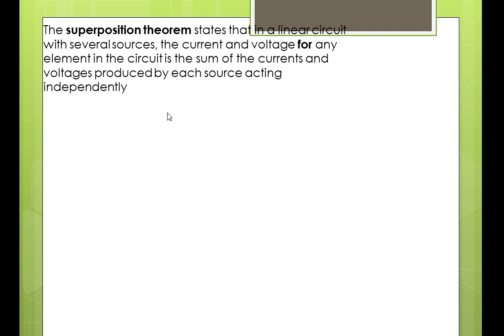The superposition theorem is mainly applicable to linear quantities only. For example, the power formula is P equal to I square R. This is a non-linear quantity. So in order to find the power of any circuit, you are not going to use the superposition theorem. The superposition theorem is applicable to linear elements only.